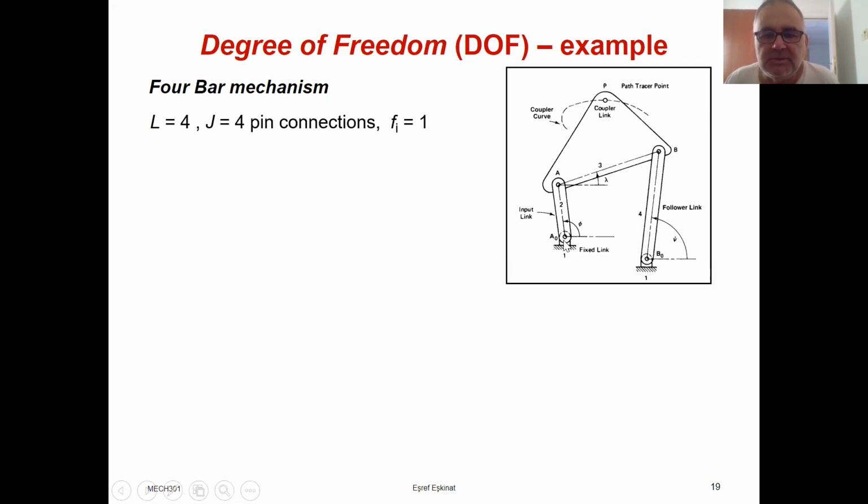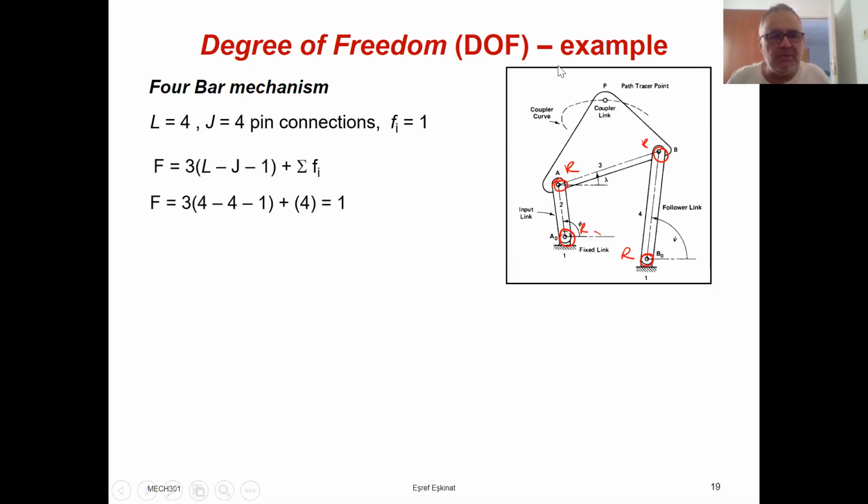J means the number of joints. Let's see how many joints we have. One joint is here. Another joint is here. Another joint is here. It is very simple. It's just 4 revolute joints. You can say R, R, R, R here. And each of those has a degree of freedom of 1.